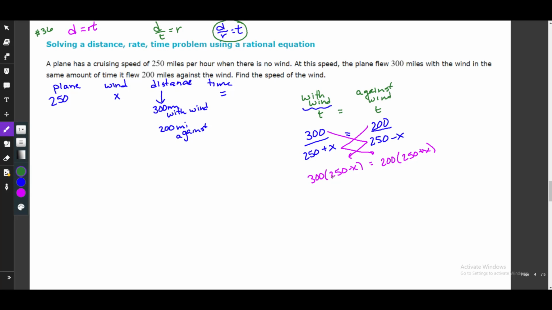So 3 times 25 is 75, and I have 3 zeros, minus 300x equals 200 times 250 is 50 with 3 zeros, plus 200x. I'm going to get the x's on one side and the plain old numbers on the other, so I'm going to add 300x to both sides.